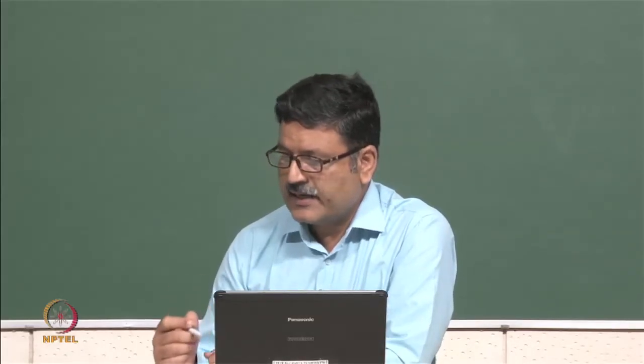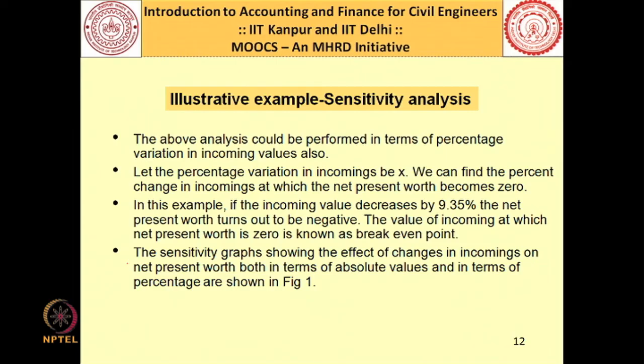Now, this exercise, instead of doing it in absolute terms, we can also do it in terms of percentage. So, what you can see here is that I can assume, let us say, the variation in incomings is x. So, instead of changing the value from 100,000 to 90,000, I might do this in the form of percentage.